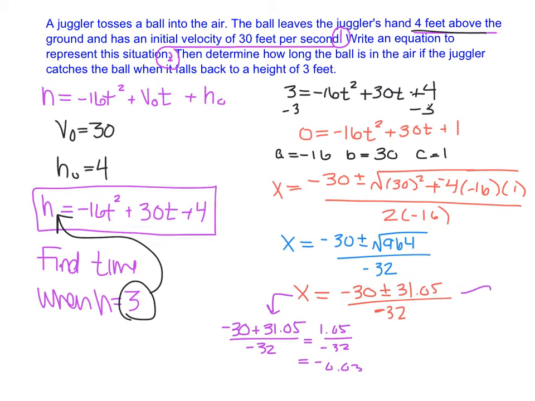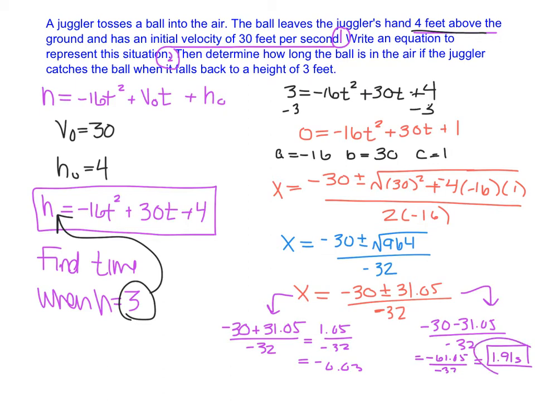Let's see what that second option becomes. We have negative 30 minus 31.05, all divided by negative 32. That becomes negative 61.05 over negative 32. If I divide that out, I find that I get a time of approximately 1.91 seconds. And that to me makes a little bit more sense.